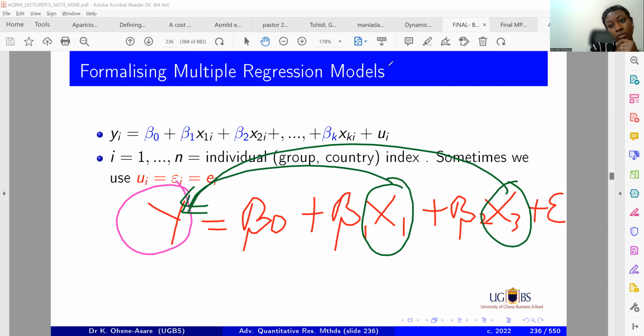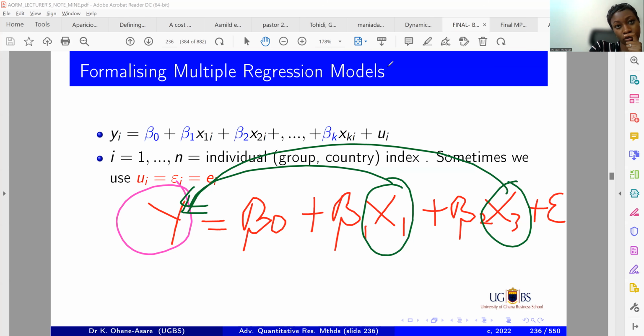That's your question. Richard. Yes, Doc. In the model, I am seeing X1 and then B1, X1, B2, but I'm seeing B2, X3. Those are the independent variables.